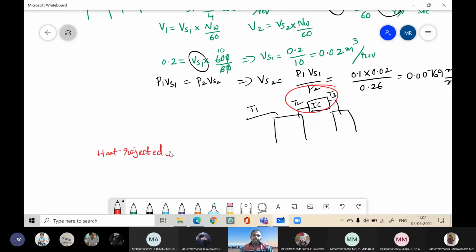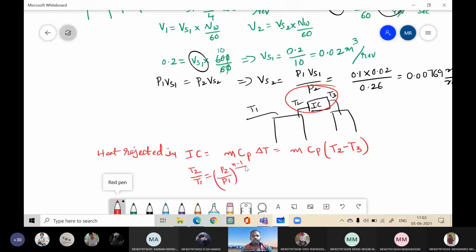So heat rejected in the intercooler is equal to m into Cp of air into delta T, that is T2 minus T3. Do you know the T2 value? We don't know, so we need to calculate. T2 by T1 is equal to (P2 by P1) power (n minus 1) by n.